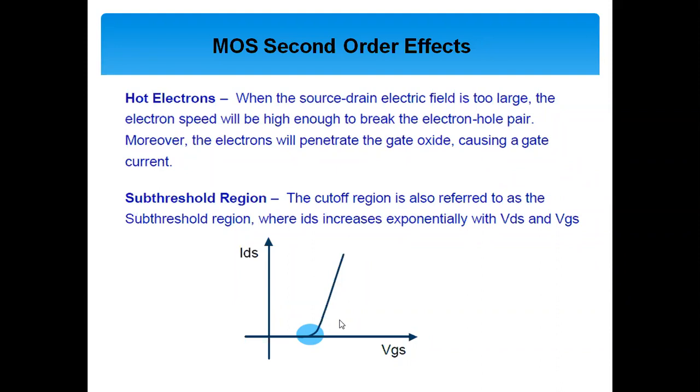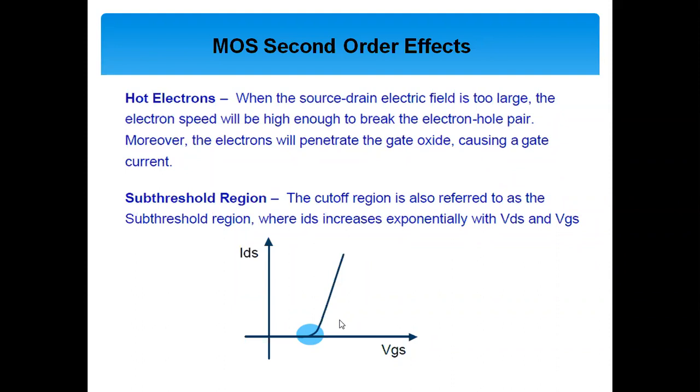Because of the very high speed, the electrons can break the electron hole pair, and moreover, the electron will penetrate into the gate oxide, causing gate current. This is called the hot electron effect.